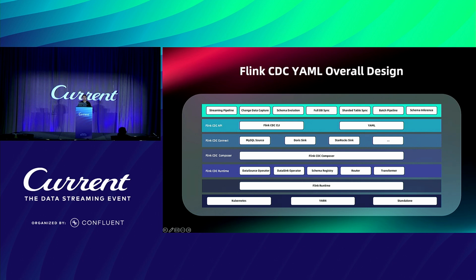This is the overall design of Flink CDC YAML. On the top of this stack are the key features users want, for example, streaming pipeline, change data capture, schema evolution, schema inference, and sharding table sync. In the CDC connector layer, we offer different pipeline sources and different pipeline sinks to support these key features.